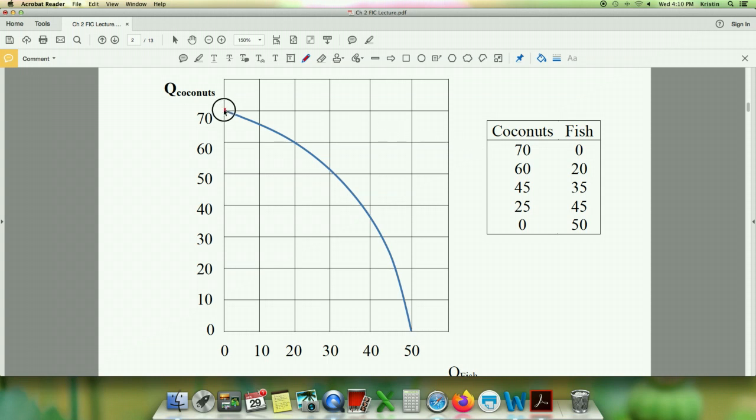So 70 coconuts, 0 fish; 60 coconuts, 20 fish; 45 coconuts, 35 fish; 25 coconuts, 45 fish; and finally 50 fish with 0 coconuts. This is the production possibility frontier. I'll just label it PPF.